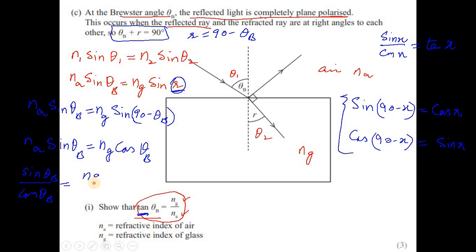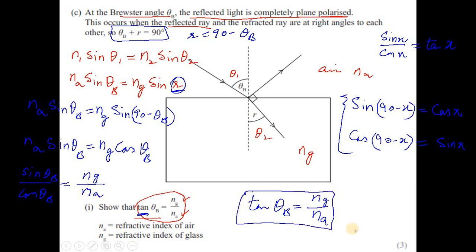Sine over cos becomes tangent, so tangent theta b is equal to Ng over Na. Hence proved. This is our required derivation. These steps are just for your reference, and I did it in detail. You can skip some steps if you are okay with them.